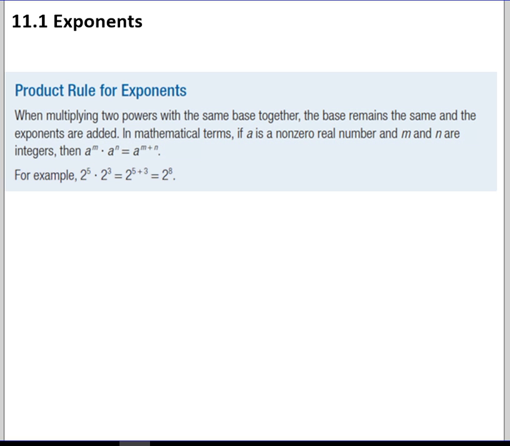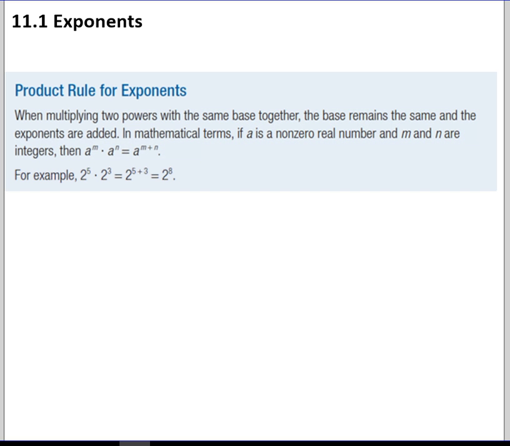In mathematical terms, if a is a non-zero real number and m and n are integers, which means positive or negative whole numbers, then a to the m power times a to the n power equals a to the m plus n power. So for example, if you have 2 to the 5th power and you're multiplying it by 2 to the 3rd power, or 2 cubed, you can add the 5 plus 3 exponents and get 2 to the 8th power.